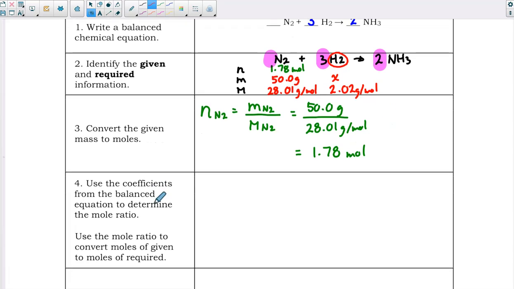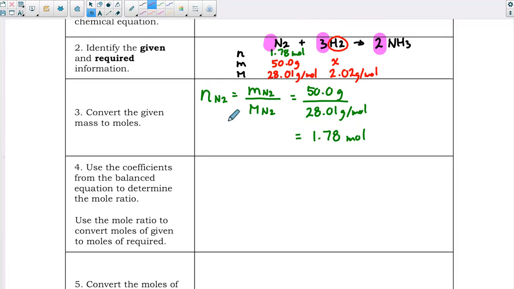So what we can do now in step 4 is, using these coefficients from the balanced chemical equation, determine the mole ratio and use the mole ratio to find these missing moles of hydrogen here. So writing out your ratio, for every 1 mole of N2, we have 3 moles of H2, of hydrogen.